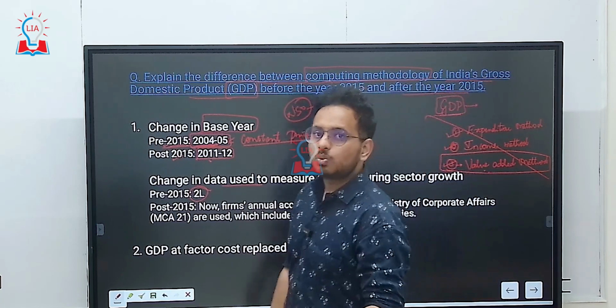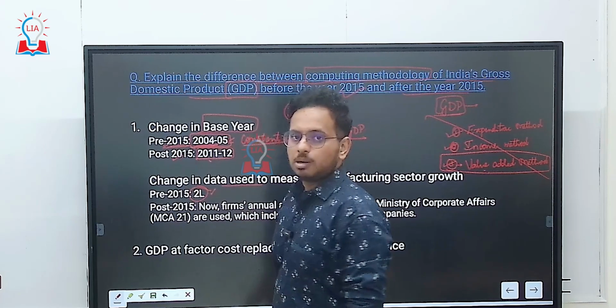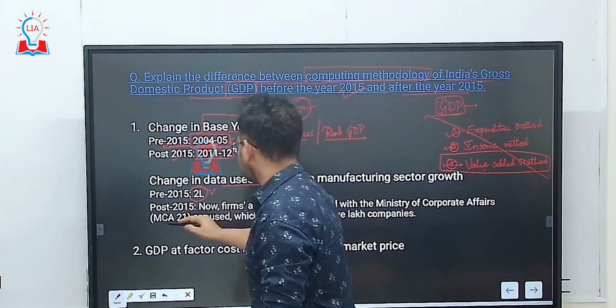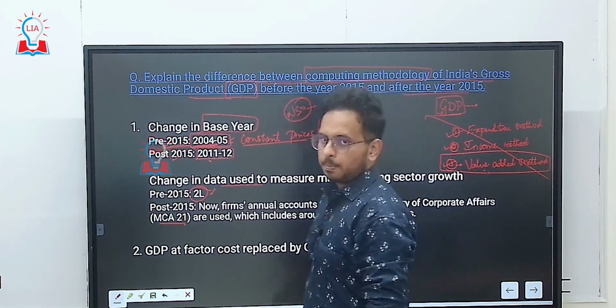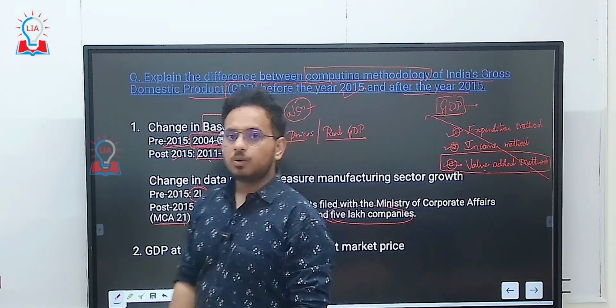The data from these 2 lakh firms was considered for calculating GDP numbers. But post 2015, this increased to around 5 lakh companies, done by the Ministry of Corporate Affairs, MCA 21.